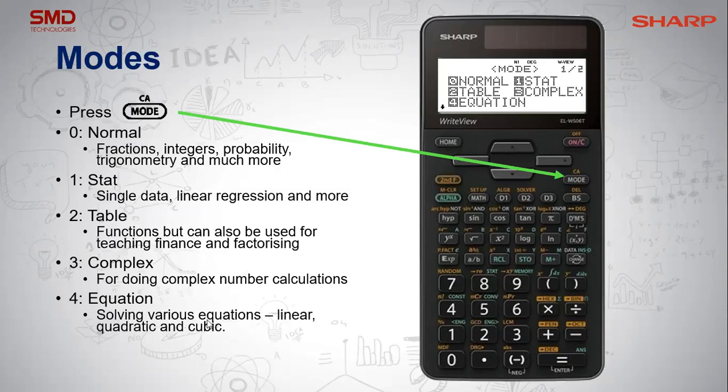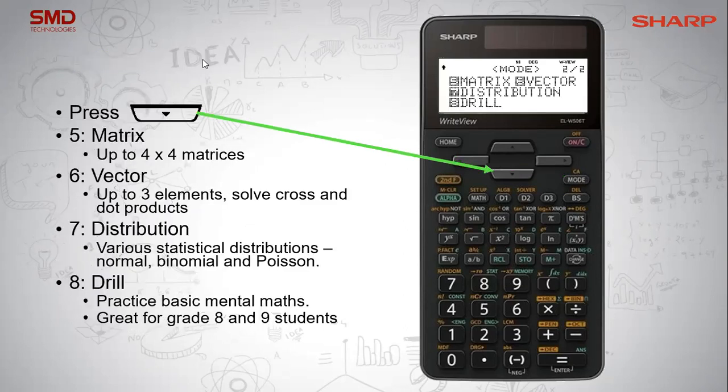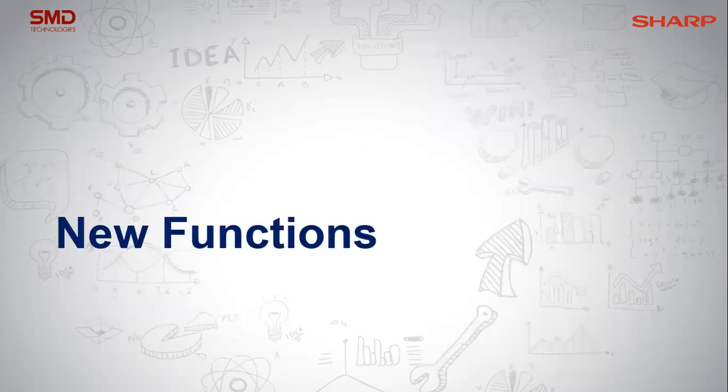And then your equation solving, which is where you input your coefficients for your equation, and it will give you back your roots. We'll also look at matrices on the calculator and how to use them, and then the vector, distribution and drill we're not going to cover tonight, but go take a look, particularly if you're teaching grade 8 and 9 students. The drill is a great way to practice your mental maths on the calculator.